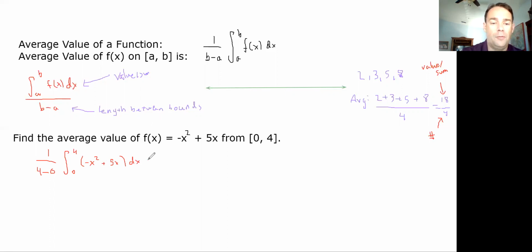The biggest thing people forget on this is the 1 over 4 minus 0 at the beginning, so we never want to forget that. So we have 1/4, and we're going to leave that constant out there. And we have negative x cubed over 3 plus 5x squared over 2, and we're going to evaluate that from 0 to 4.